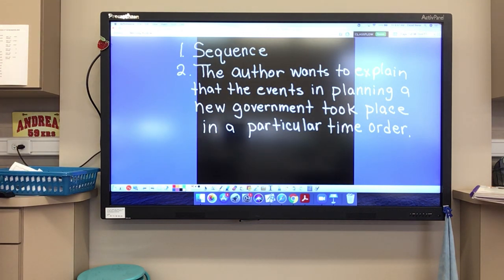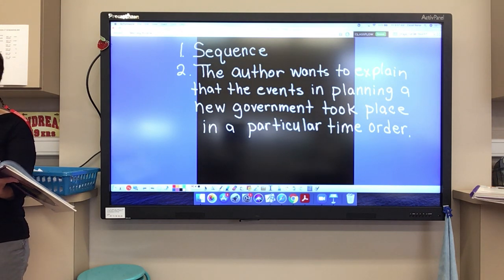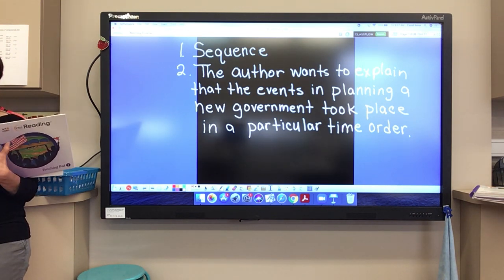Now, here's what we're going to have to do. It says, choose another section of the U.S. Constitution. And it's asking you the same questions. How has the author organized the information? So this is what I'm going to have you do. I'm going to have you choose another section, and you're going to decide, did they choose it by cause and effect, problem, solution, or sequence of events?